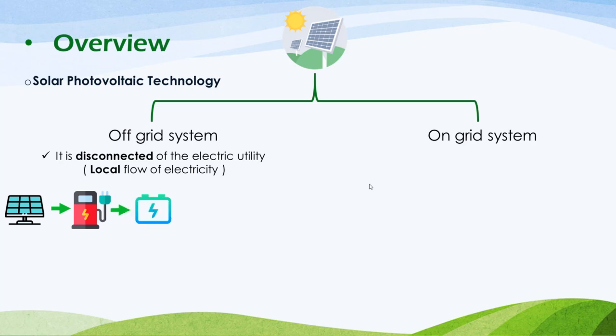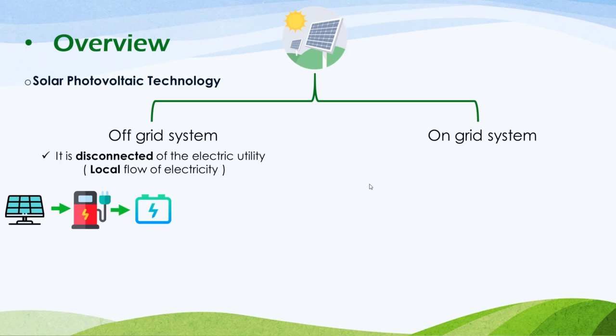We use the batteries to store the electrical energy so we can use it later, at any time we need. This is because sunlight comes only during the day, but suppose that we need to use the electricity at night, so we use batteries to use the stored electricity at any time we need.